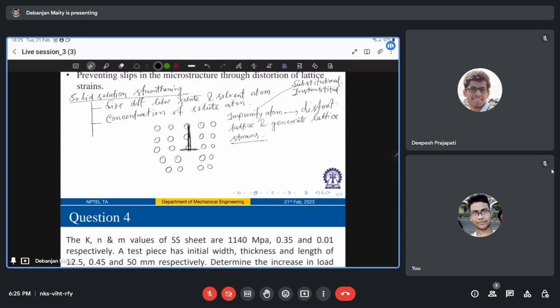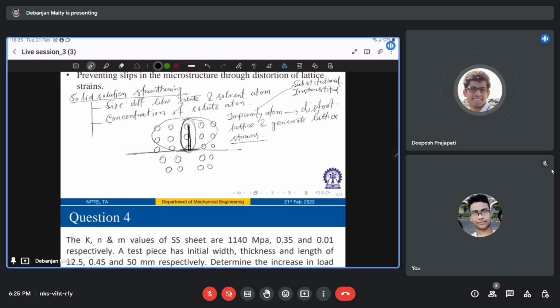Now, can you tell me at this region what kind of stress will act? Will it be compression or tension? So there is this extra half plane acting over here. Compression.